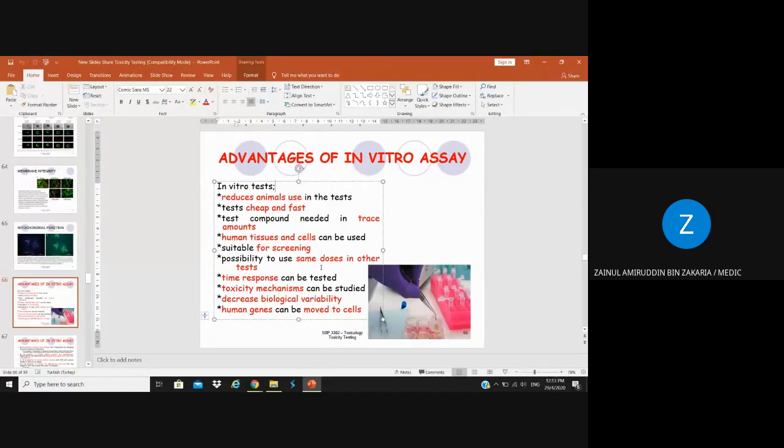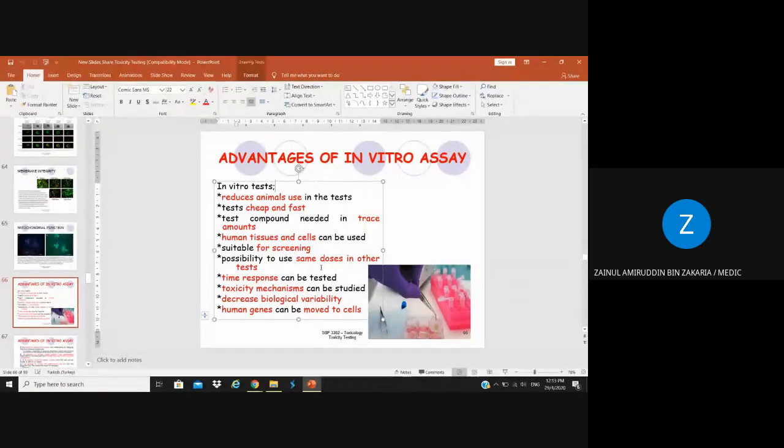And then time response can be tested. For cancer, for example, you can screen the effect of a certain extract or drug on the cancer cells at 24 hours, 48 hours, and 72 hours.